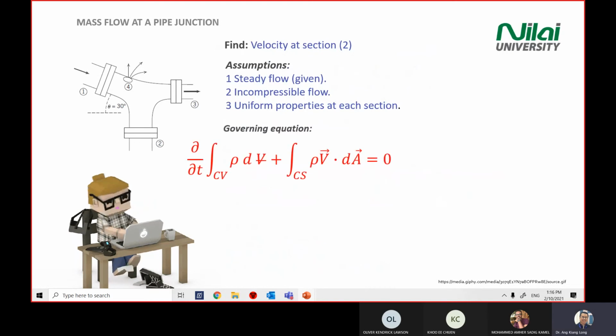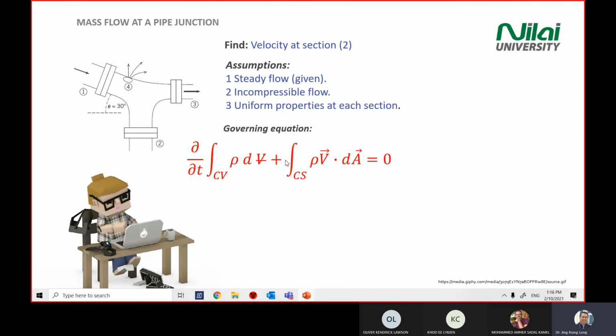For the governing equation, call out the continuity equation. Again, the continuity equation comes from conservation of mass. We talk about mass, and in the continuity equation it's actually not Q, it's your m dot, the mass flow rate. How do you get mass? You take rho times the volume, and divided by t, you get m dot. Same with the second term.